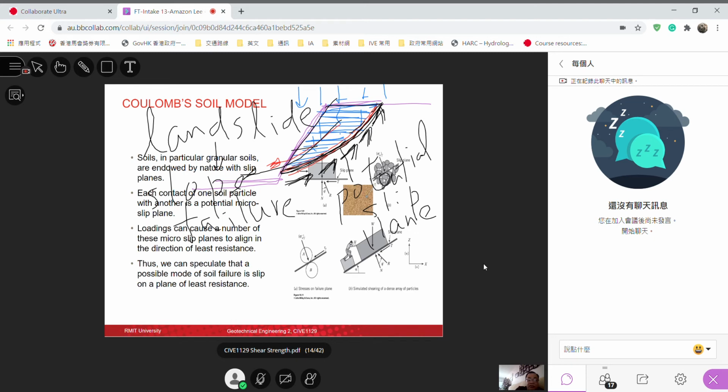Then the soil will start to fail across this circular surface, and this is the so-called potential slip plane. The soil will fail along there, and this chunk of the soil will fall down in here.